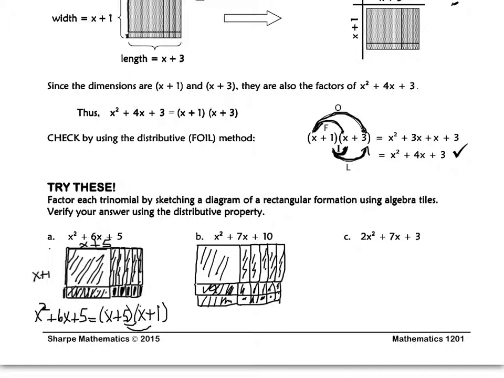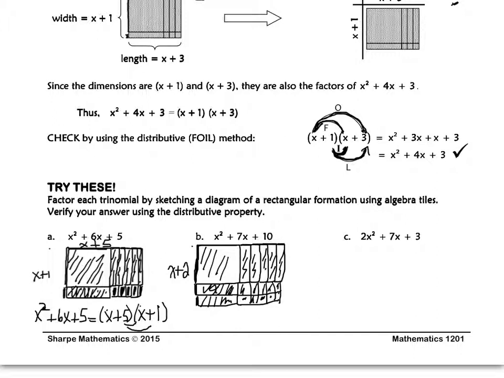And if you look at the outside dimensions, this side here would be, you've got your long piece, which is x, and short, and they're all positive, so that would be x plus 2 along this side. And along this side, you would have your long piece, which is x, and then 1, 2, 3, 4, 5.